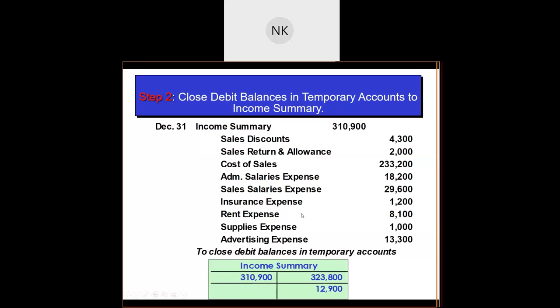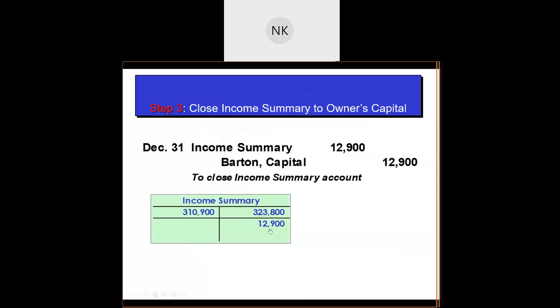So this income summary tells you that you have your balance. This one is profit, because the amount of sales is bigger than the amount of all the other debit items in income summary. Basically, that amount, what happens to that 12,900?